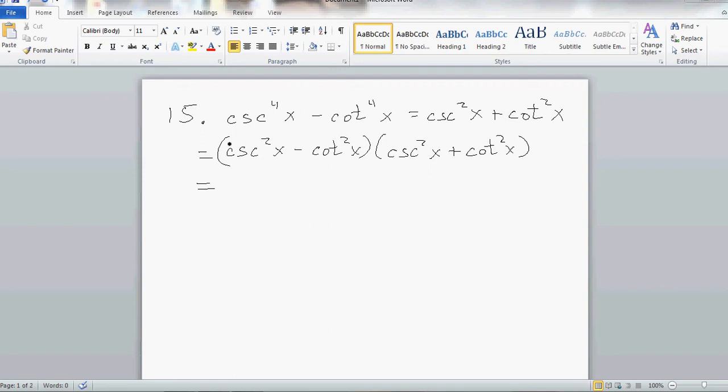Well, if I take the identity for cosecant squared of x, that will equal cotangent squared of x plus 1, and we still have to subtract the cotangent squared of x.